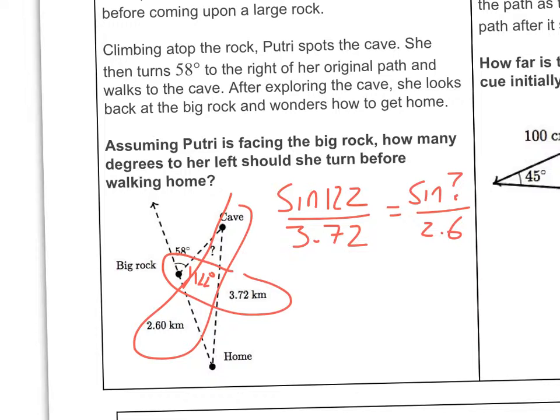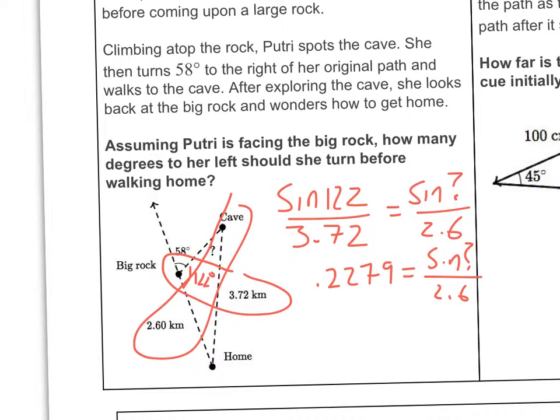When I do that, we get sine of 122 divided by 3.72. I need to put my parentheses in a different place. We get 0.2279 is equal to sine of question mark over 2.6.